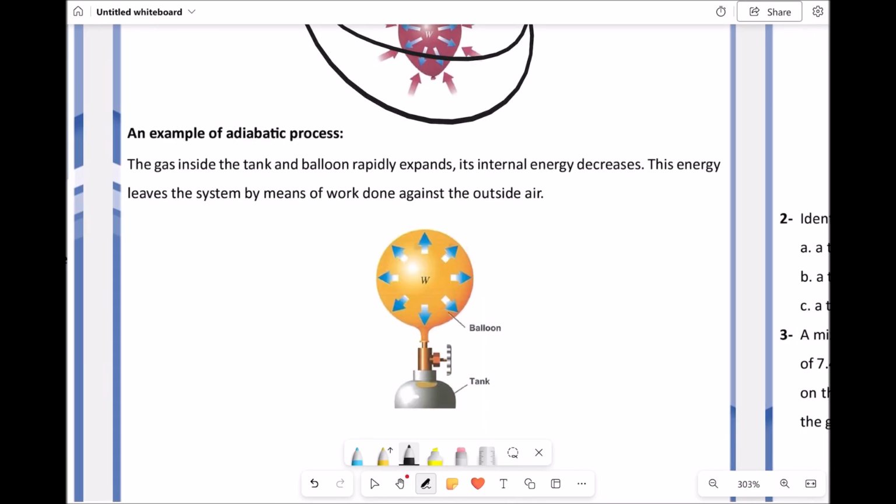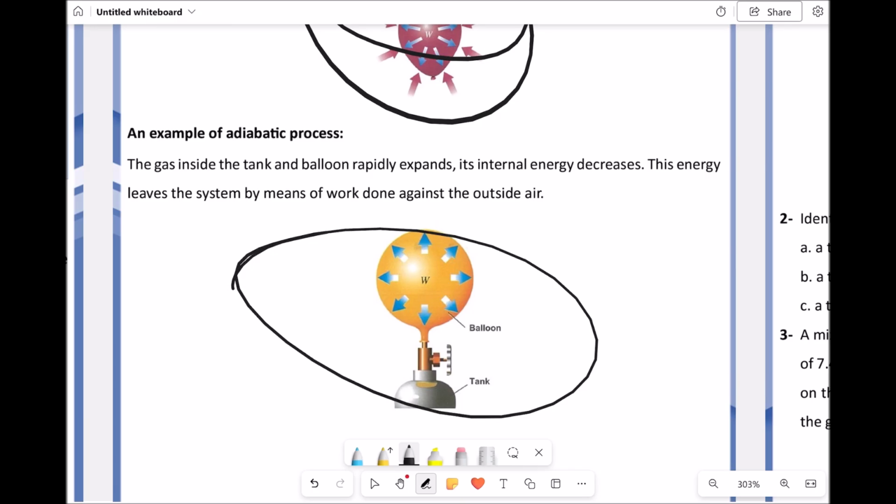We have an example for adiabatic process. As you remember, adiabatic process happens very rapidly, and there is no energy transferred to or from the system. You have an example like this. When a gas rapidly escapes from a compressed tank, so this is a compressed cylinder, when the gas escapes from this cylinder, it expands very quickly, and there is no time for heat transfer to the surroundings. As we mentioned, because adiabatic happens very rapidly, there's going to be no time for heat transfer.